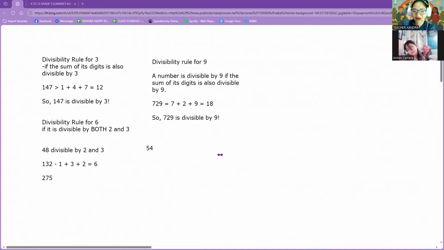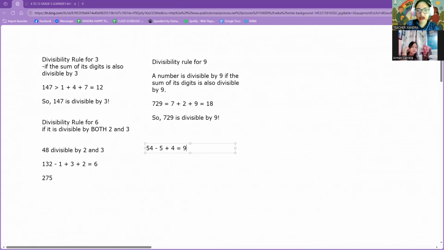For the divisibility rule for 3, you add the digits up. Is it divisible by 3? Okay, because 5 plus 4 is 9.